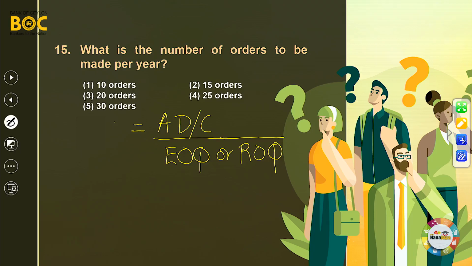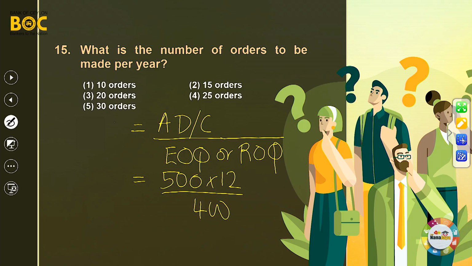How much was our annual demand? The monthly consumption is 500, for the year, 12 months, 500 into 12. EOQ we calculated as 400 units.